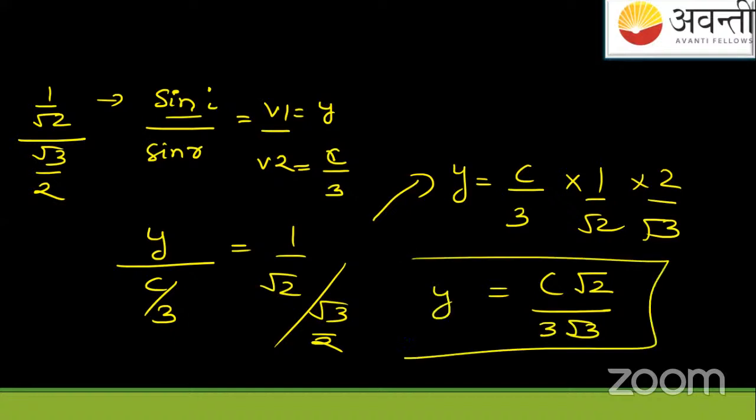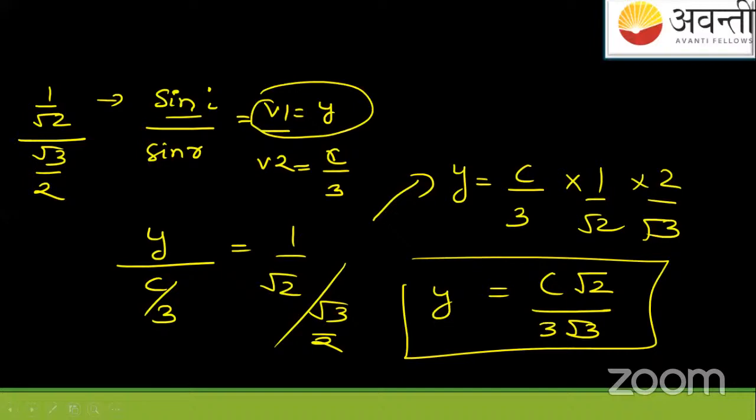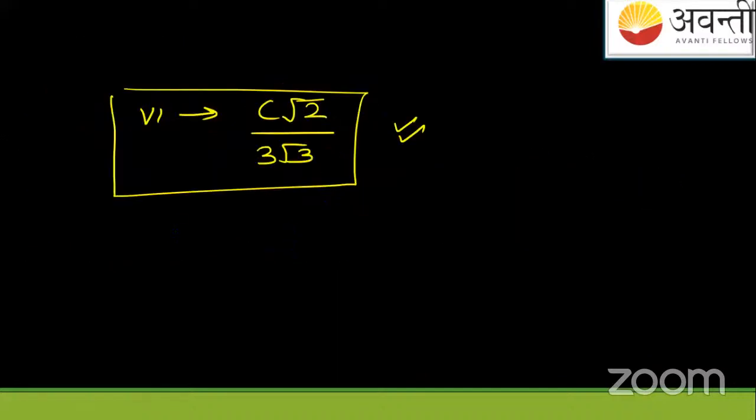It means this v is what we have assumed as v1. So we'll say here v1 equals 2 root 2 C by 3 root 3. Got it? So this is the speed of light in the medium.